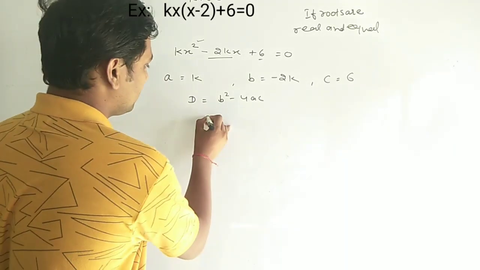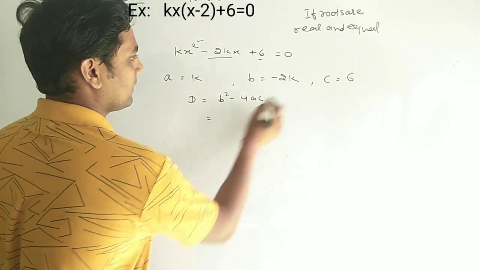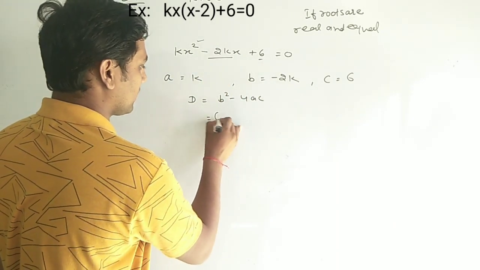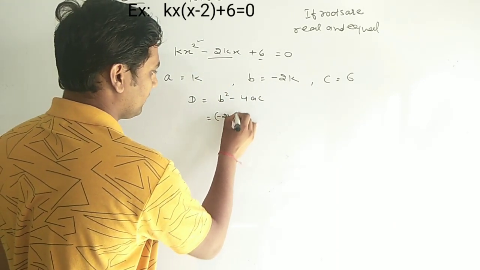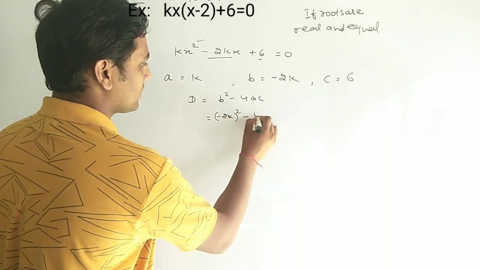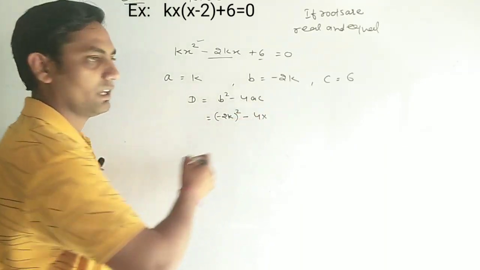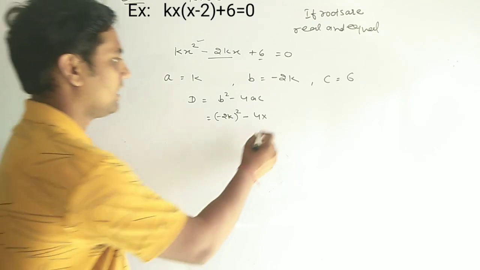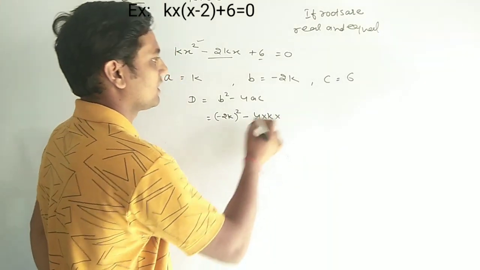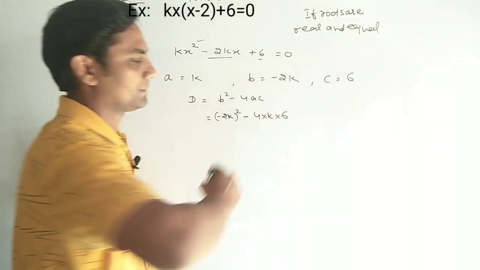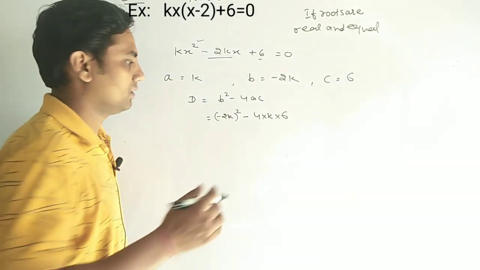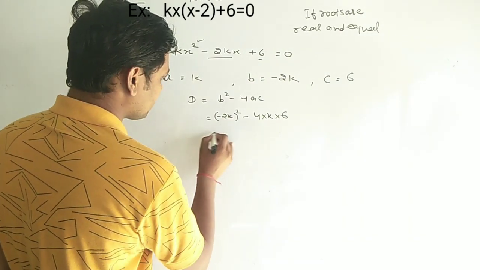Now put the values. B square, the value of B is minus 2k, so (minus 2k) square minus 4 into the value of A, which is k, into C, which is 6. Understood? Move on to the next step.